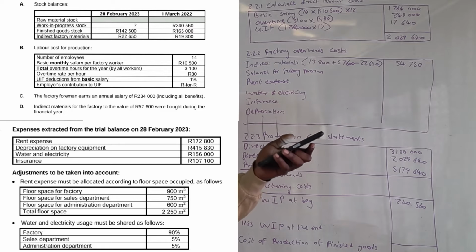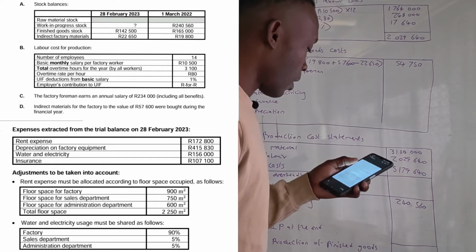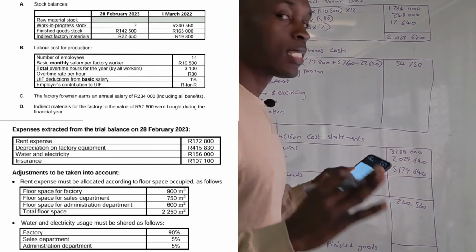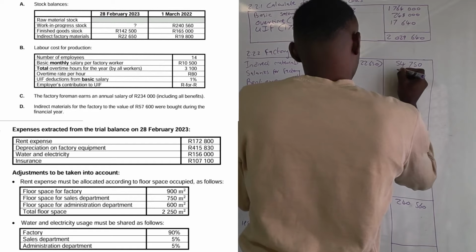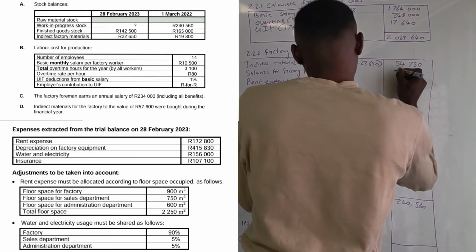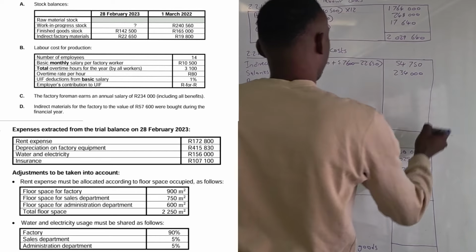The other one before we move to this page, number C, the factory foreman in annual salary of 234,000, including all benefit. So in other words, everything has been included, which means that this is the final amount for factory foreman, and it's going to be 234,000.